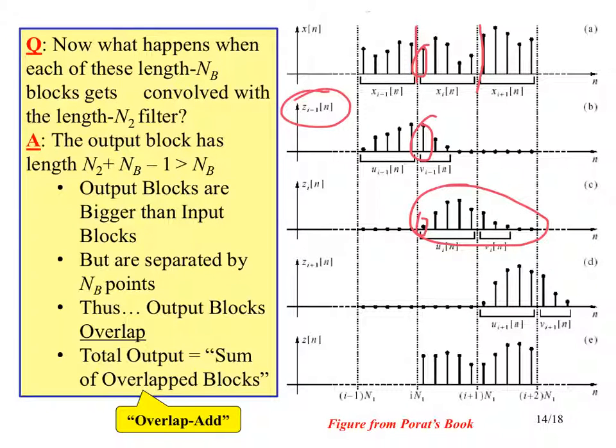So what do I need to do? I need to take the output from the ith block, put it in the correct position, which will overlap some number of points, and you can easily figure out how many points it will overlap based upon the length of the convolution. But basically you're putting it in the very next sample after the end of the previous input block.